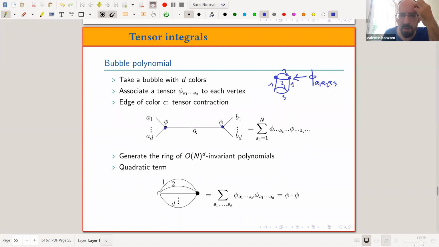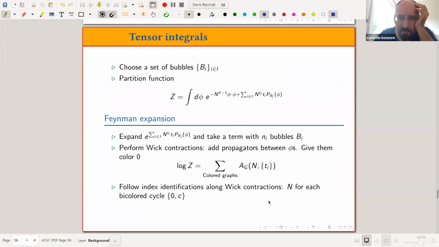If the 2 vertices are glued along an edge of color C, it means that you contract the index that's in position C. Okay, position C. So for instance, the bubble with 2 vertices that I have shown you, which is a sphere, corresponds to this quadratic contraction of tensors. Okay, phi with all indices identified.